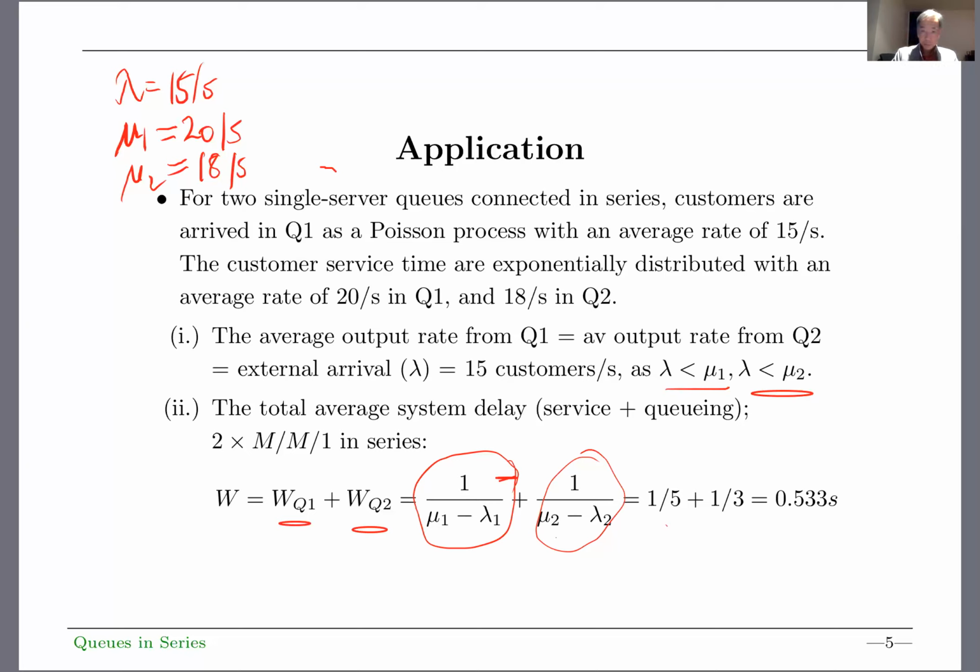So that's why you have 0.55 seconds. All right, with that, we move forward a little bit.